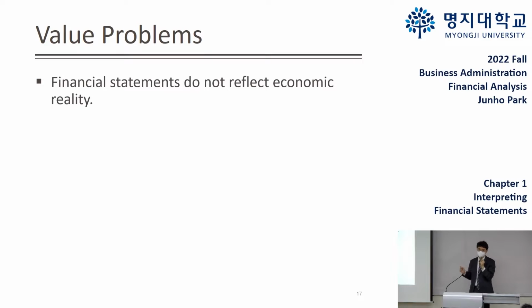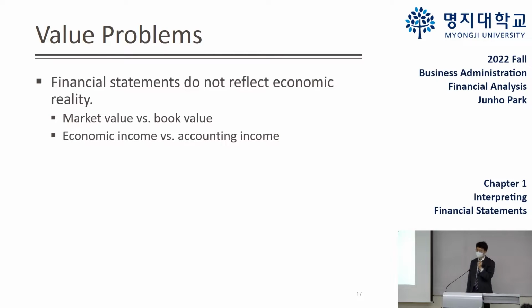The value problems in this textbook are that financial statements sometimes do not reflect the economic reality, the actual situations, what is happening in the real world. There are two kinds of value problems that we are particularly interested in. They are market value versus book value, and the second one is whether we need to recognize something as income or not. It is different if you are an accountant, and it is different if you are studying finance.